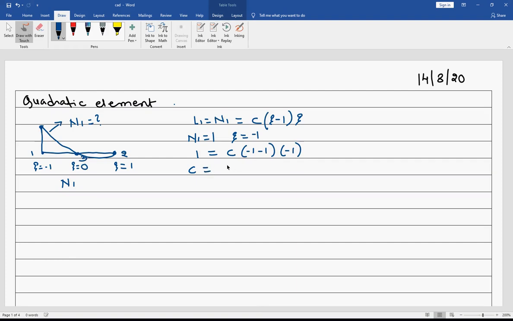From this I get C equal to 1 by 2. Therefore I can now write N1 is equal to 1 by 2 xi (xi minus 1). Just let me know whether you understood this or not.